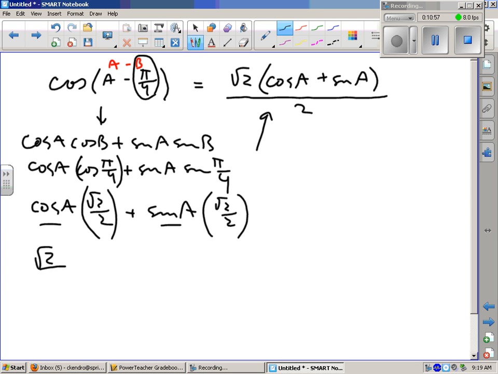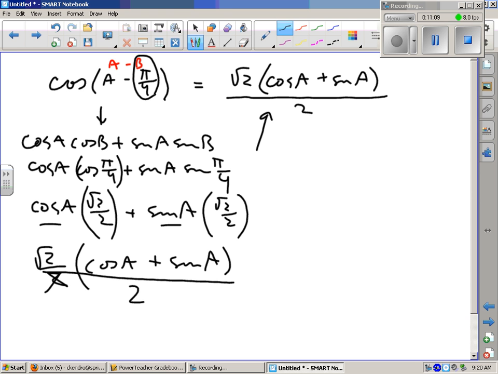So I can make it root 2 over 2 times cosine A plus sine A. And because the 2 is on the bottom, you could really make it underneath the whole thing if you want. So we just got it to work. So you just got to kind of finagle things around a little to make it look like what you need.